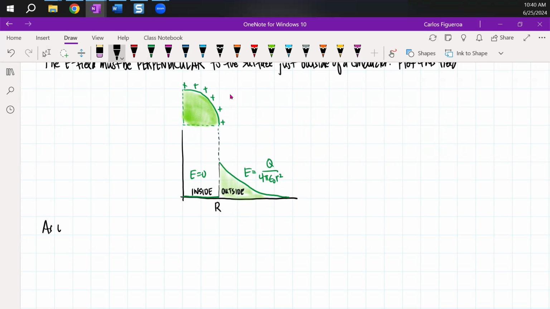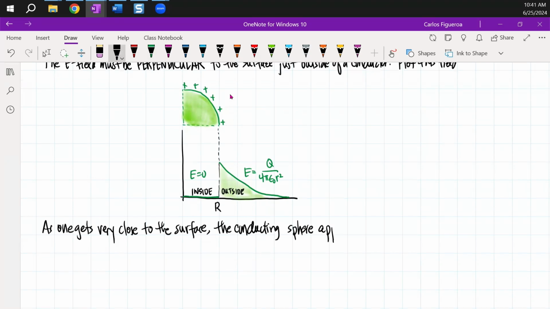As one gets very close to the surface, the conducting sphere appears as an infinite plane.